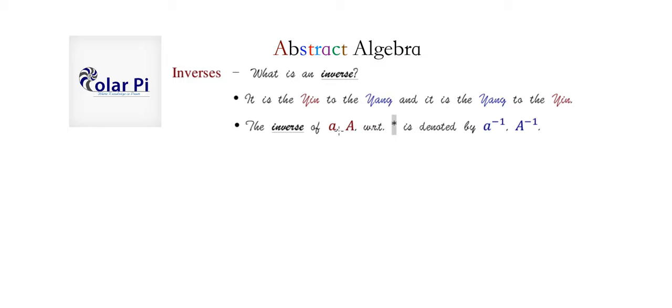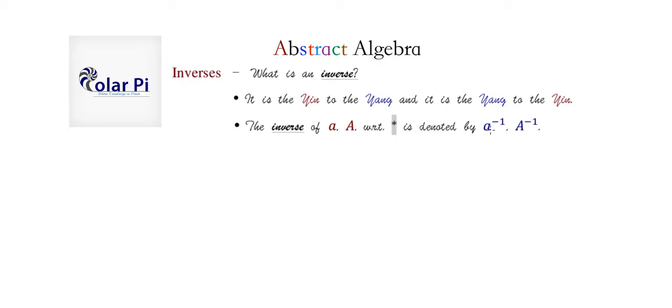In any case, if there's a binary operation defined on the set called star, then we represent the inverse of little a by a to the minus 1, and the inverse of capital A by capital A to the minus 1.